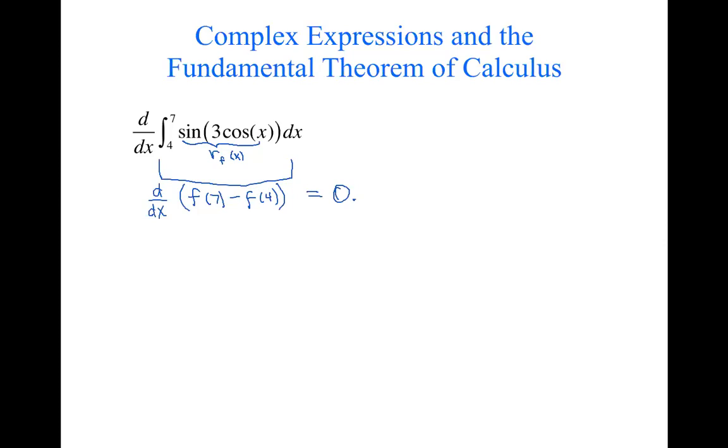This isn't changing. This rate changes from 4 to 7, but by the time I've integrated, order of operations here, do this part first, we get a number. Take the derivative of a number, and it's 0. So, a daunting expression, but if you know how the fundamental theorem of calculus works, realize that this just has a value of 0.